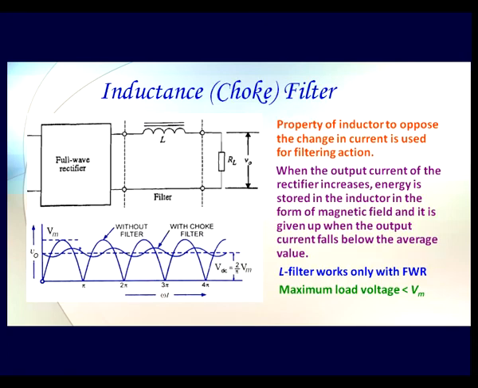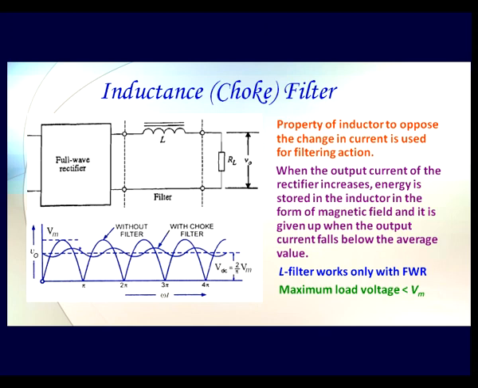We can also use an inductance, or the choke, as a filter, where the property of the inductor to oppose the change in the current is used for our filtering action. In this case, when the output current of the rectifier is increased, the energy is stored in the inductor in the form of a magnetic field, and then it gives out that current when the current at the load falls below the average value.